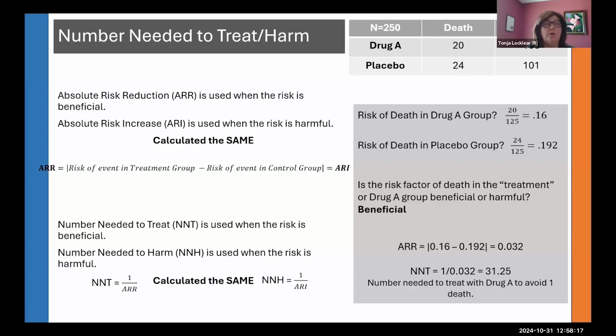So we would do 1 divided by that. Again, it's calculated the same, but it means different things depending upon whether the risk in the treatment group is higher or lower than the risk in the placebo or control group. In this case, 1 divided by that gives us 31.25, which is the number needed to treat with drug A to avoid 1 death.